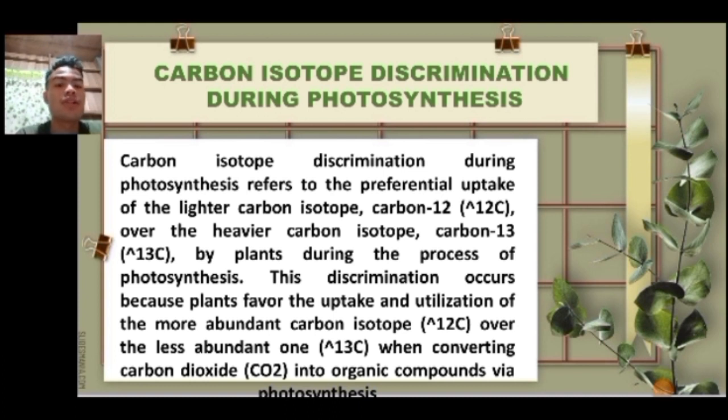Discrimination, of course, because plants favor uptake and utilization of the more abundant carbon isotope 12C over the less abundant 13C when converting carbon dioxide CO2 into organic compounds via photosynthesis. The explanation is describing the phenomenon of carbon isotope discrimination during photosynthesis, particularly in C3 and C4 plants.